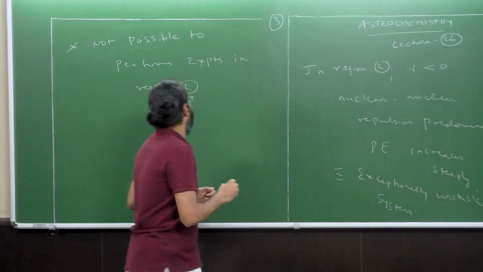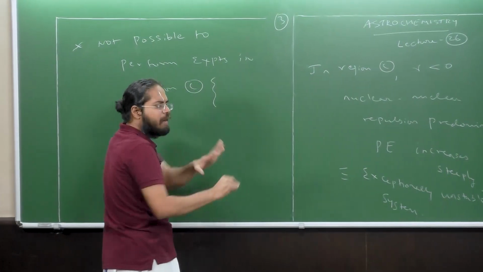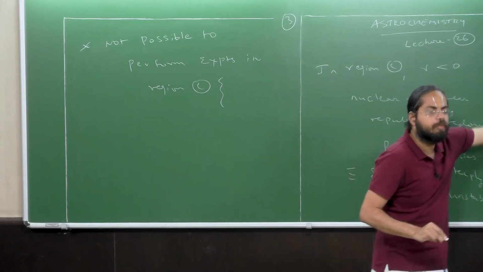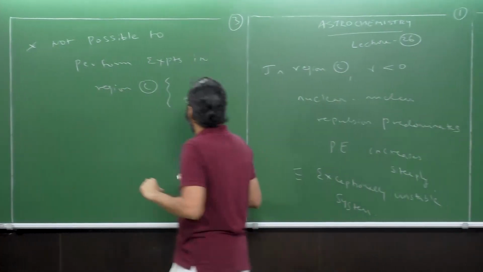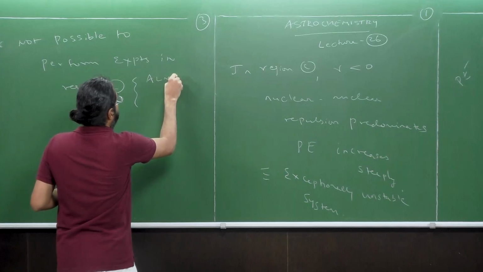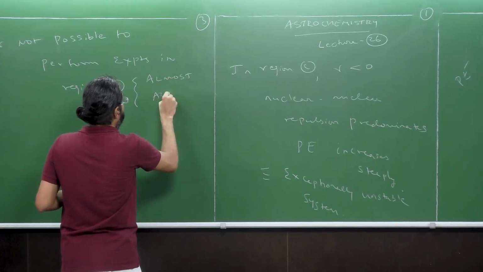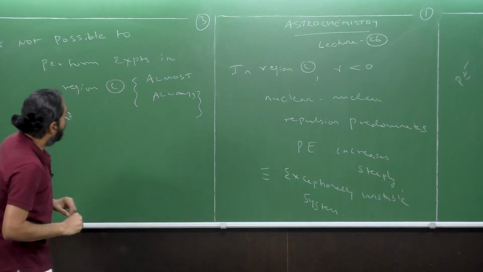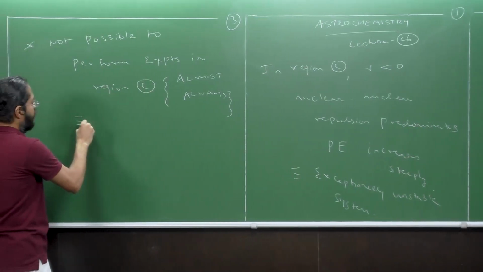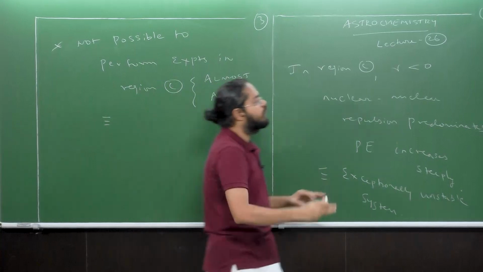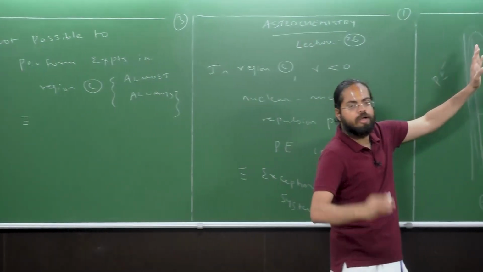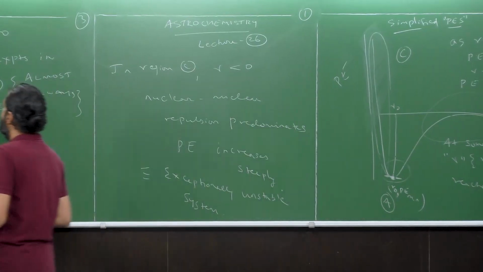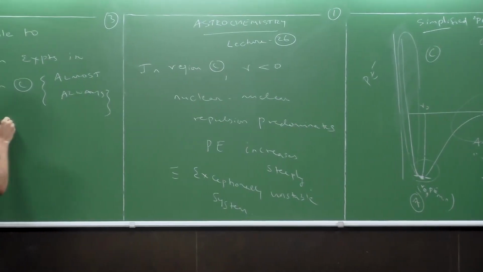Almost always, there may be some exceptions, but in more than 99% of cases, this is going to be true. So consequently, the shape of the curve in this region is purely obtained on the basis of mathematical modeling.